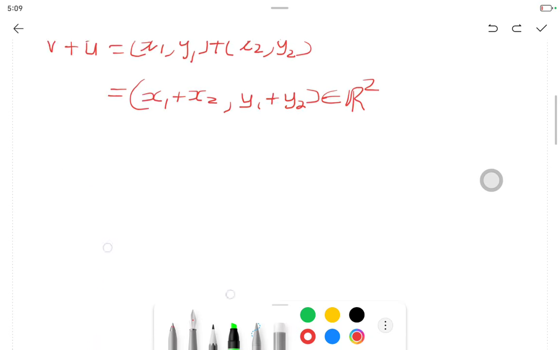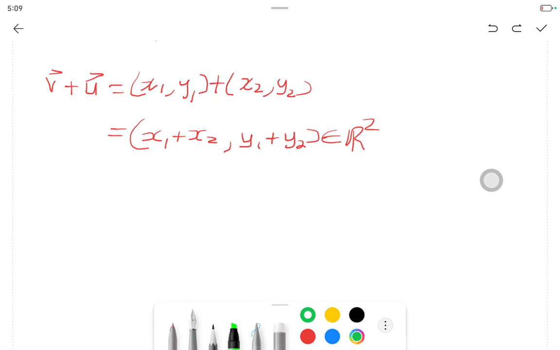So to check now, it means that for this to be true, we must have that (x1 plus x2) times (y1 plus y2) is greater than or equal to 0, right? So we want to ask ourselves, is this true?